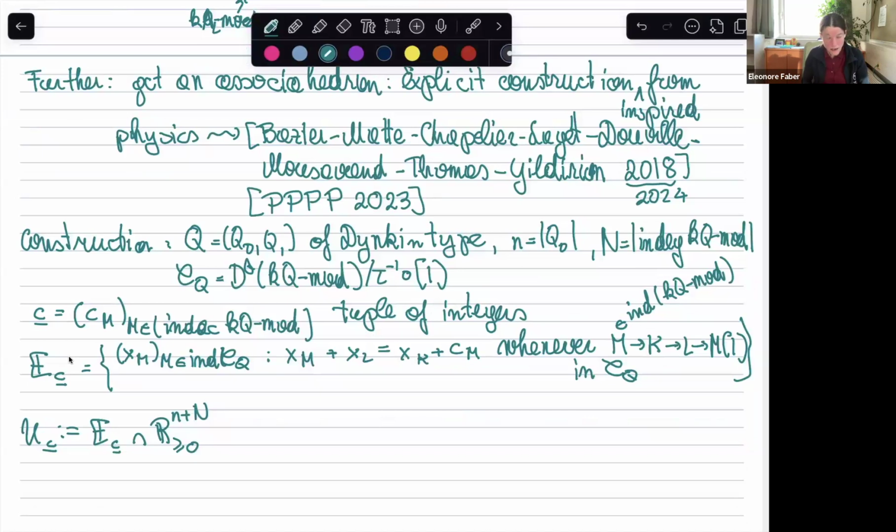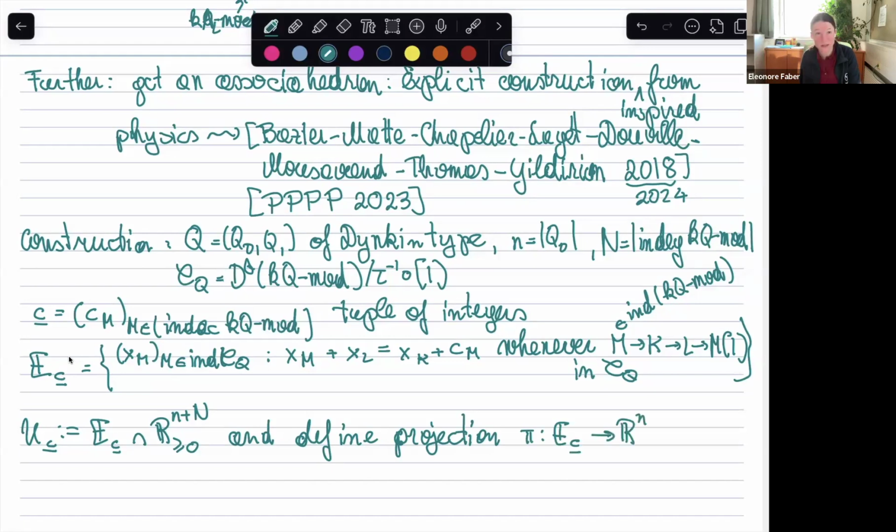And so you will get something that is what's called a polytope. So it's bounded. And so this is living in a very high dimensional space in general, but you can project it down to Rn. So you get a projection pi from EC to Rn. And so the dimension of the space is all indecomposable objects in your cluster category, and you project down onto the tuple of integers that corresponds to the shift of the projectives.